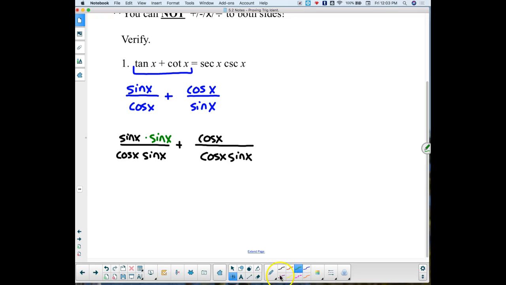What's missing? Right one. Okay. So this becomes sine squared of x plus cosine squared of x all over cosine sine.